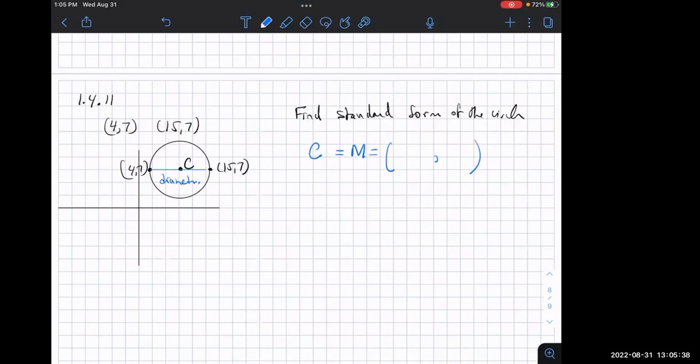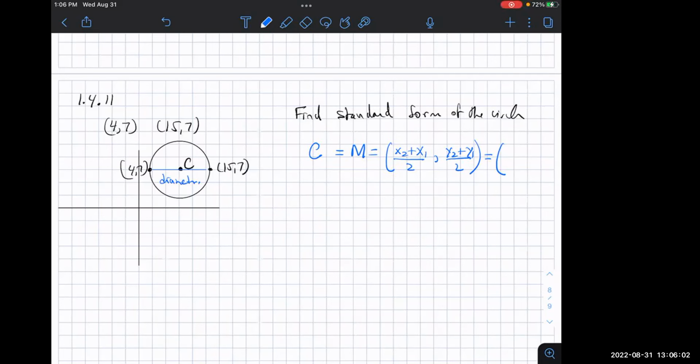Find the midpoint of 4, 7 and 15, 7. What is the formula? It's x2 plus x1 over 2, so it's the average, and y2 plus y1 over 2. What is that equal to for this problem?